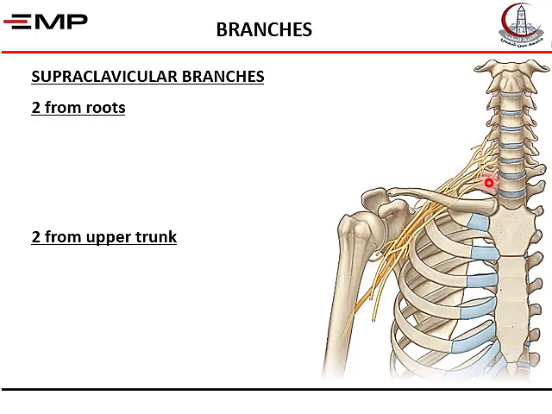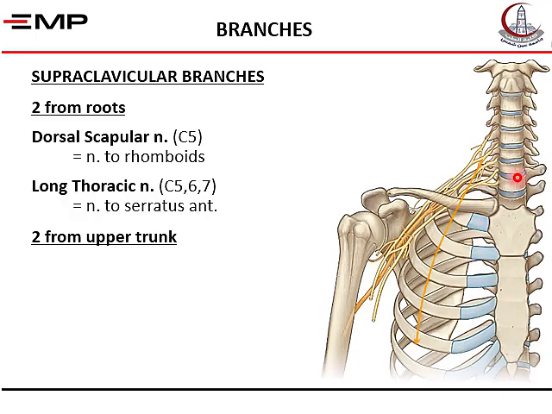Although there are other branches from the roots, the 2 important ones are the dorsal scapular nerve, or the nerve to rhomboids, and the second one is the nerve to serratus anterior, or long thoracic nerve, C5, 6, and 7. The nerve to rhomboids is C5.